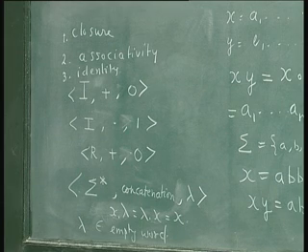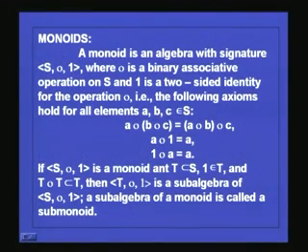And again, what is a submonoid? You see, S dot 1 is a monoid and T is contained in S, 1 is also belonging to T, that is a subalgebra which is closed.